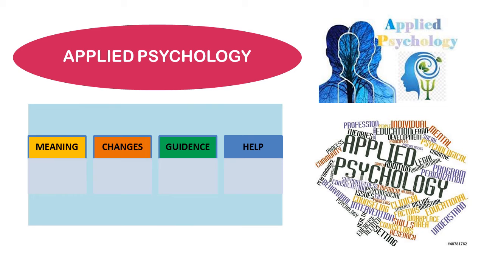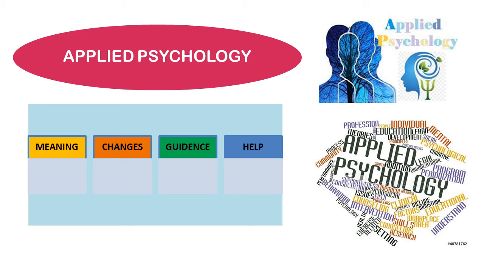Applied psychology. To understand the applied branches of psychology, first we have to understand the meaning, changes, guidance and help. Meaning of applied branch of psychology: it talks about adjustment problems in various fields.